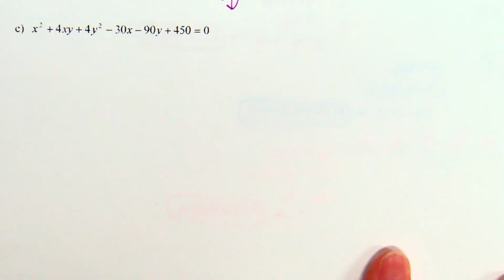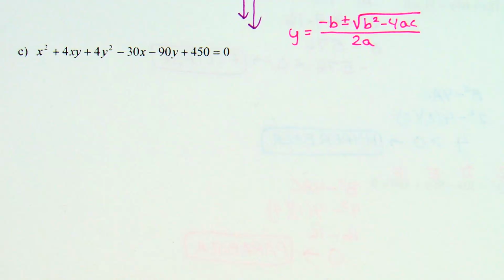So what do you see that has y in it? Okay, so we've got a negative 90y and a 4xy. So I'm going to put the 4xy first, 4xy minus 90y. So this is my second grouping, everything that has y's.